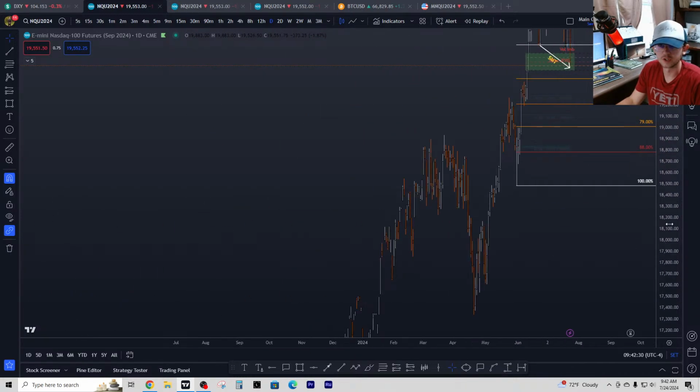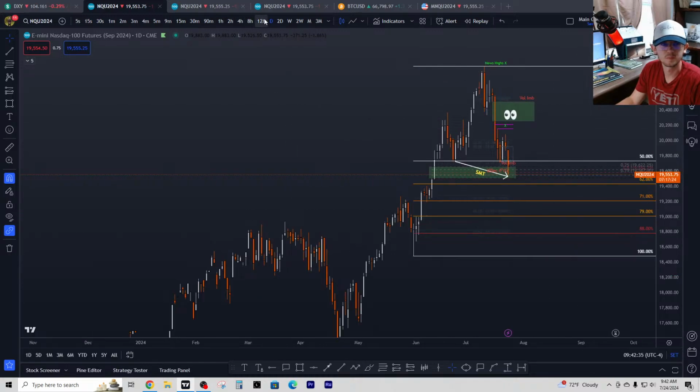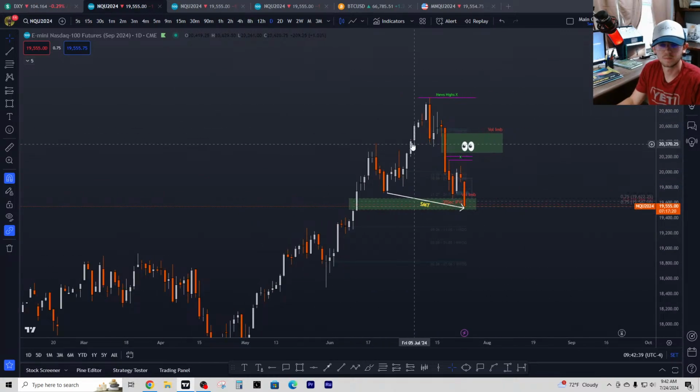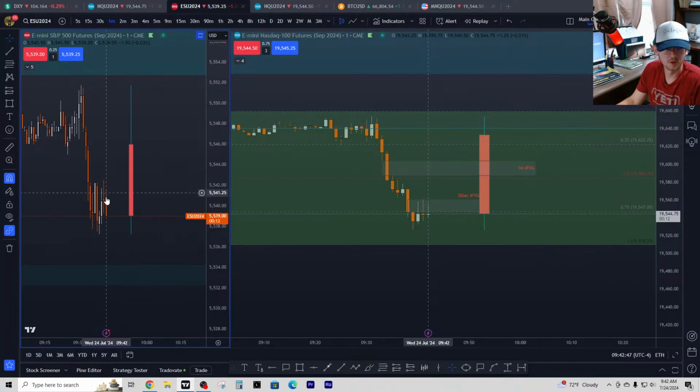So even this range, we're at 50% of it. Maybe we're going to shift lower here, we stay higher here.